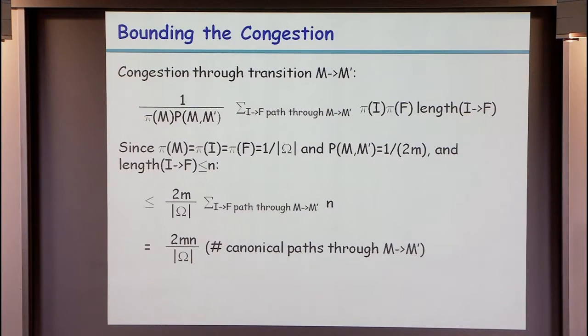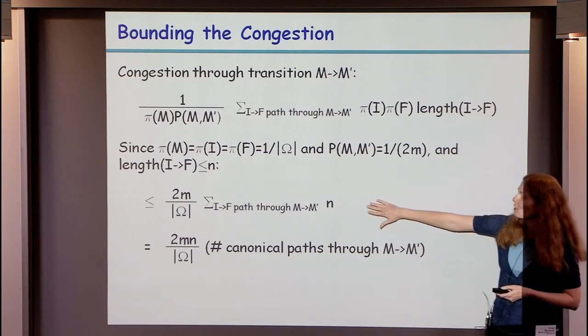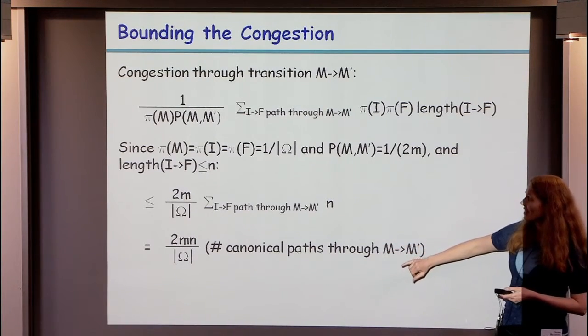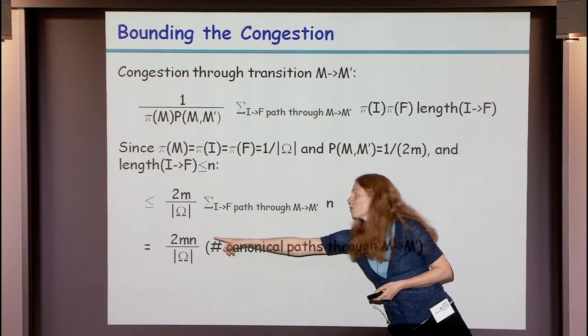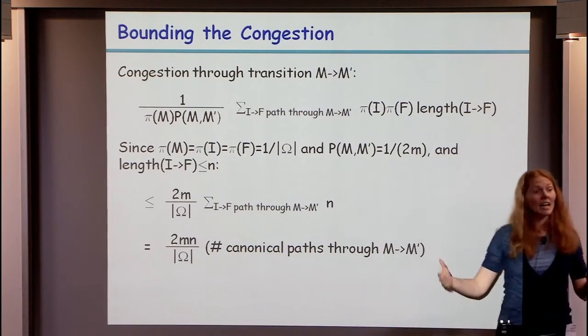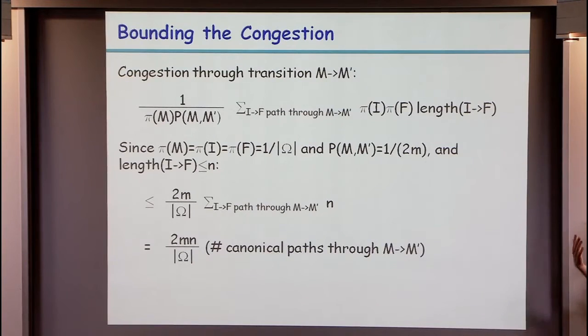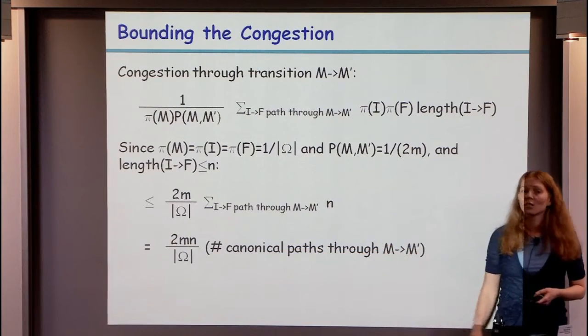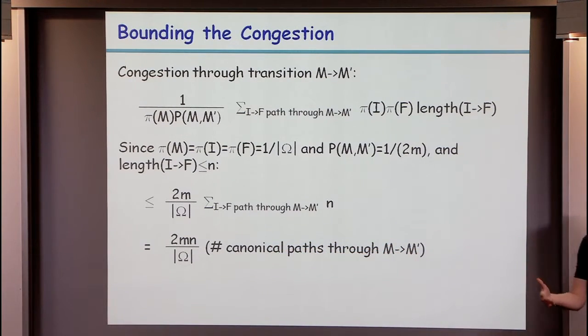Okay, but now if we look at this simplified bound, what we get is 2mn over the size of omega, meaning over the number of matchings. And this summation now just boils down to the number of canonical paths through my transition.